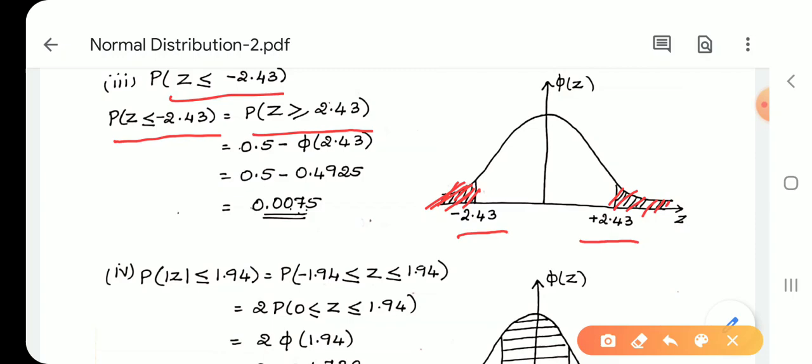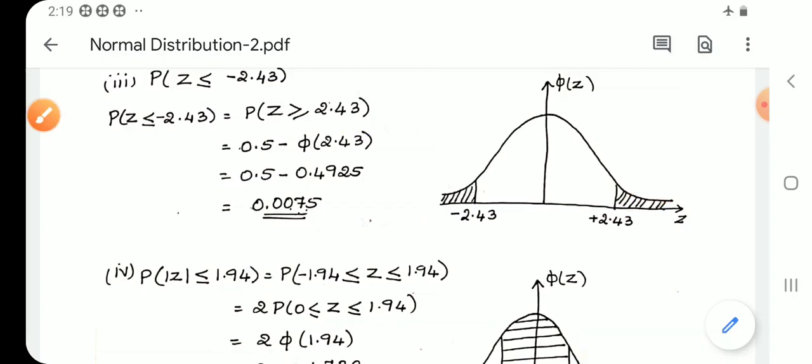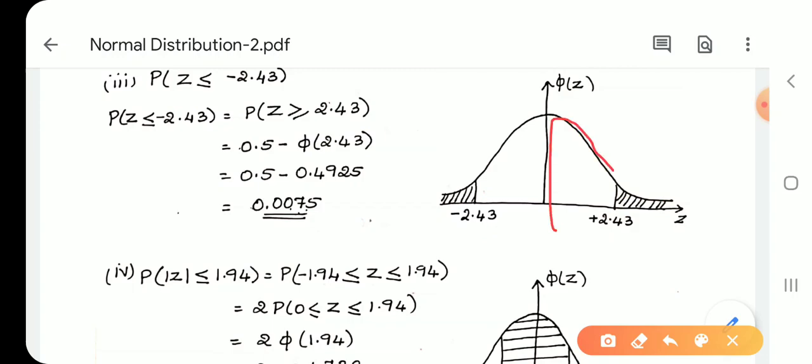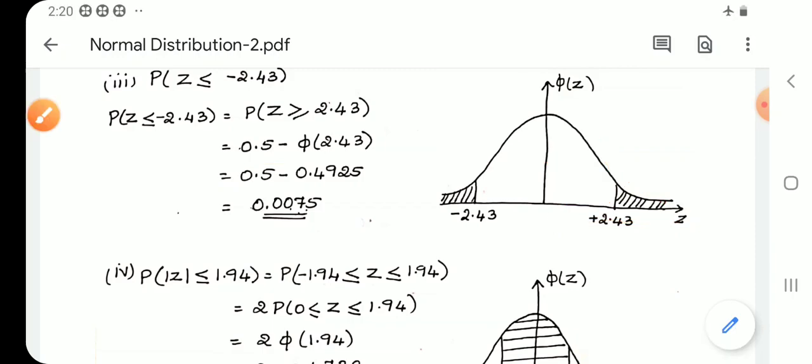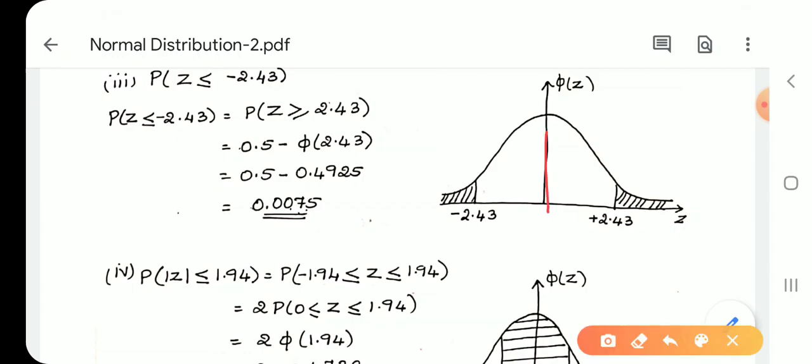So to find this, again we will use the same result, that the entire half of the curve which lies in the positive side is equal to 0.5. So this whole area is 0.5. From this whole area, I have to cut this small portion which is shaded in red.